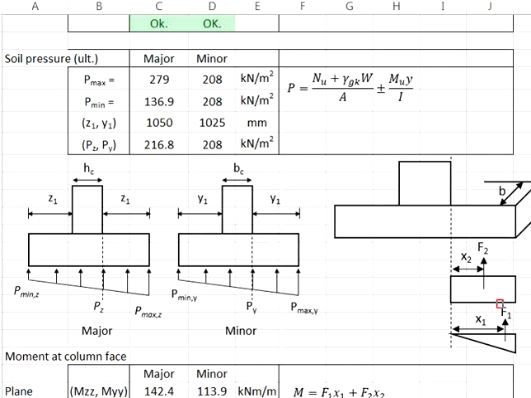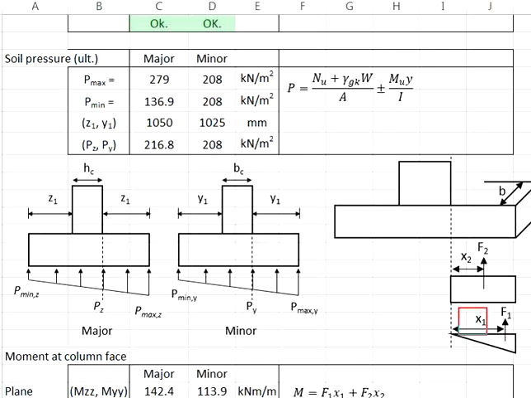And then this F1 will be located at a distance of 2/3 of the base of the triangle from the column face. This distance is equal to x1. How do you determine x1? You use Z1 here, which is 1050, multiplied by 2/3.